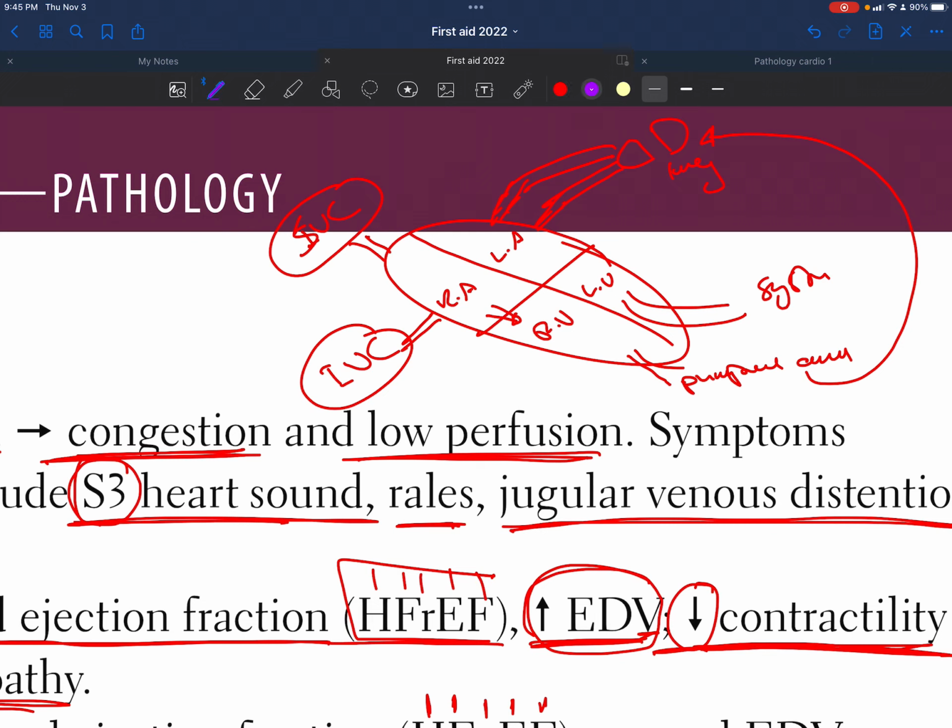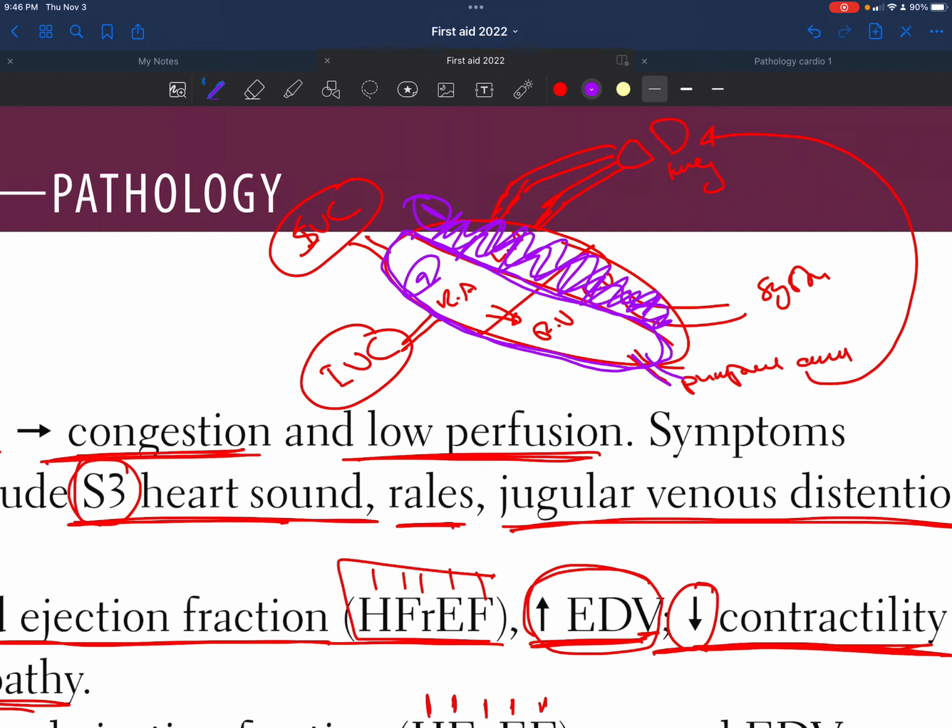The problem with right heart failure is mainly caused by an actual problem within the left heart failure. So a problem within here happens first, and then second we have the right heart failure. It's all connected to each other.